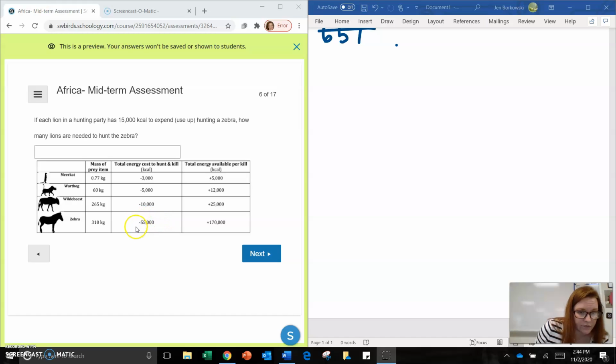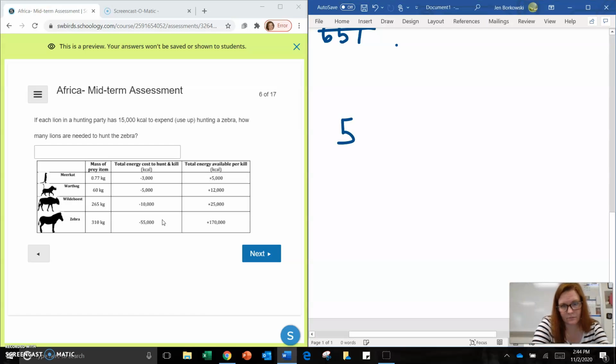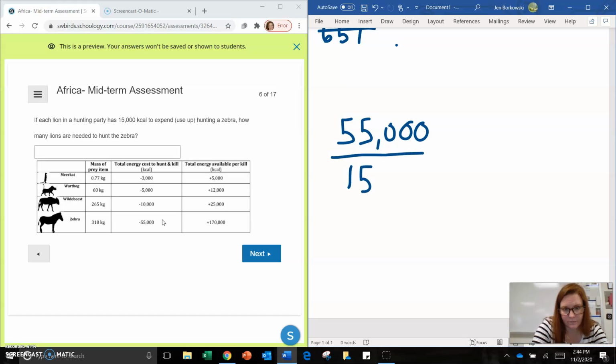It takes 55,000 kilocalories to hunt the zebra. Now, each lion has 15,000 kilocalories to spend. So I'm going to divide my total number of kilocalories that it takes, 55,000, by the amount each lion has.